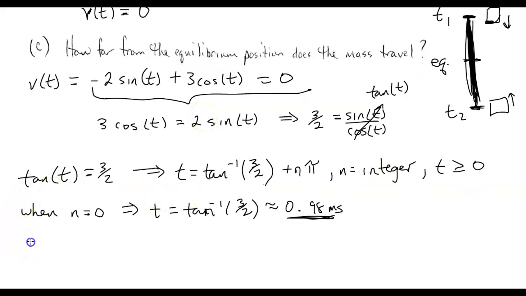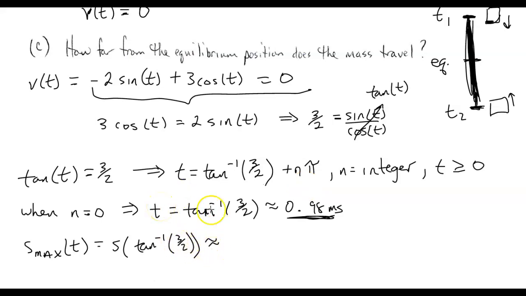So we can say the position at a maximum of t is just going to be the position at tan inverse of 3 over 2. And of course, that's roughly 0.98 milliseconds.